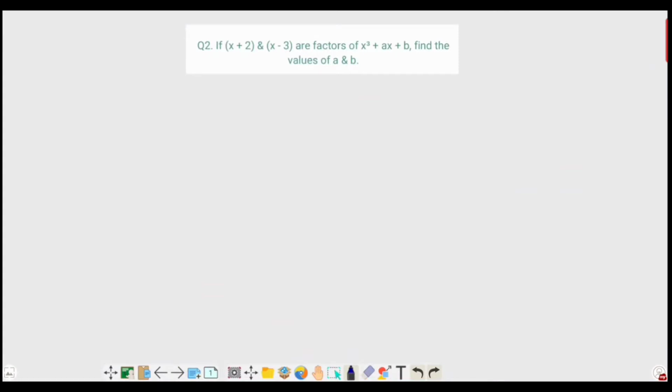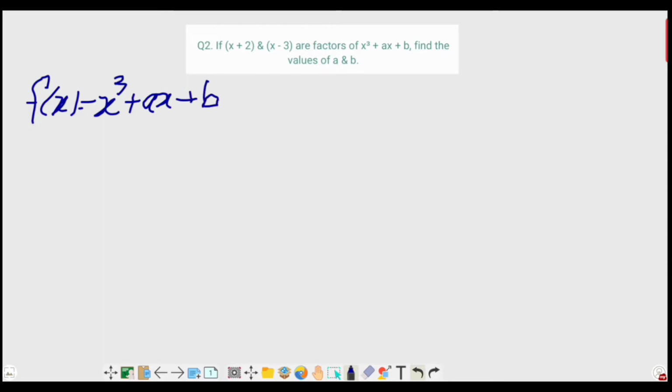Now students, let's solve the next one. If x plus 2 and x minus 3 are the factors of the polynomial, find the values of a and b. So here a polynomial is given: x cube plus ax plus b.